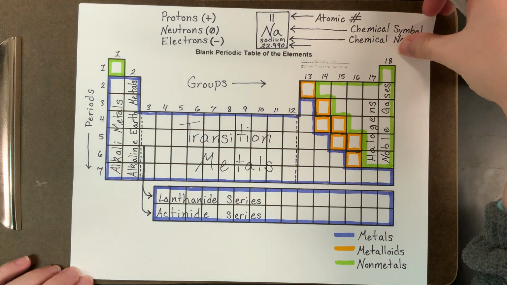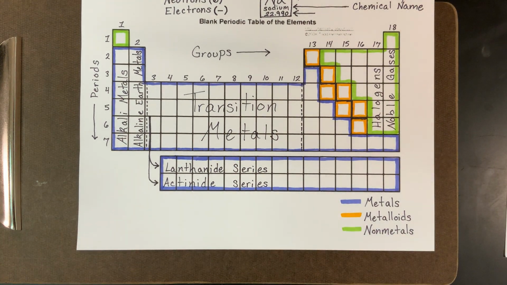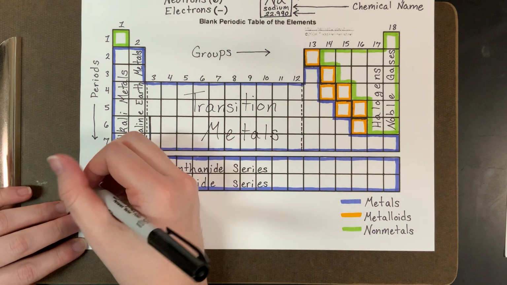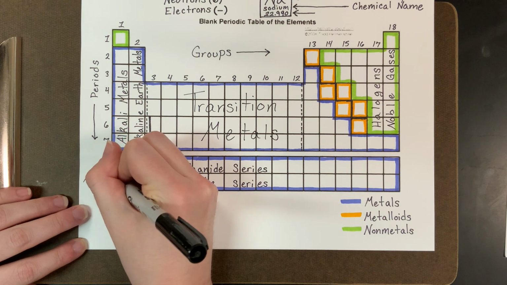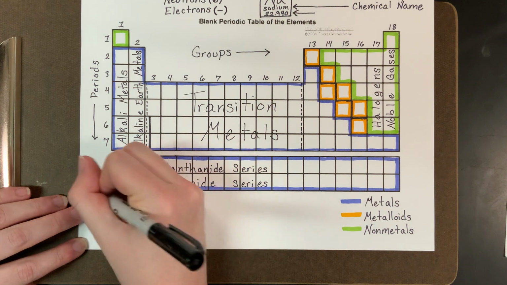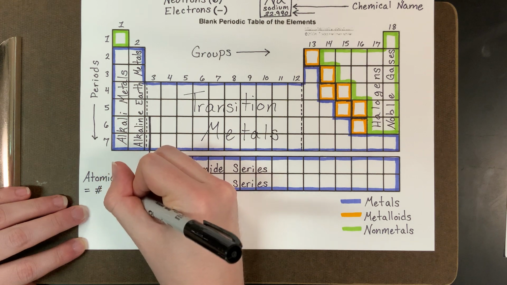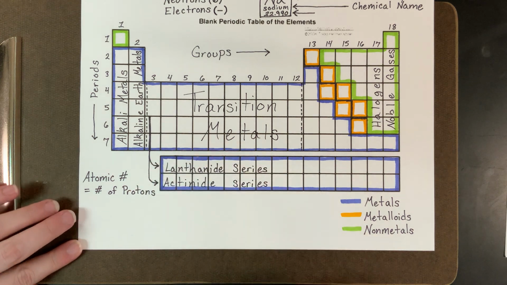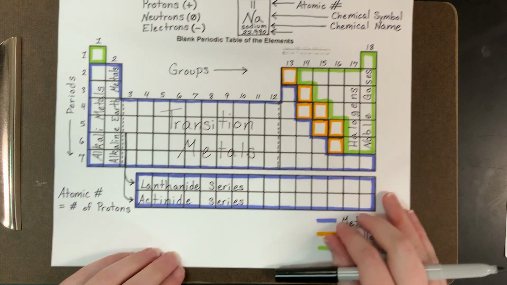And we can use these three things to determine other factors. So, for example, we mentioned earlier that the atomic number is the same as the number of protons. Okay, and then, oh, I forgot one. I do apologize.